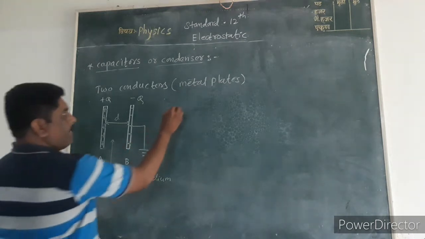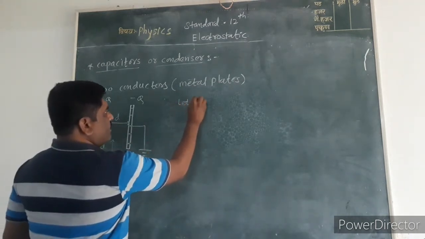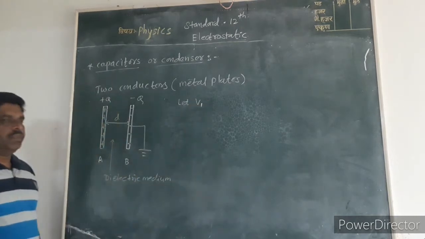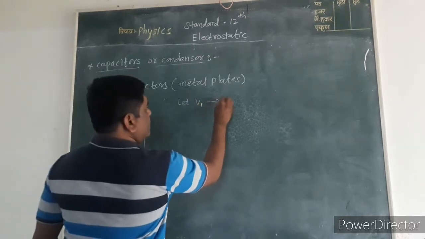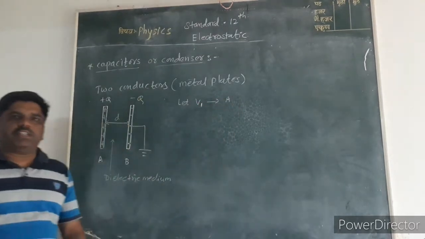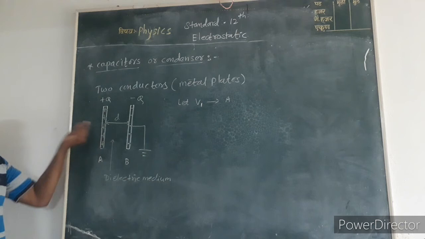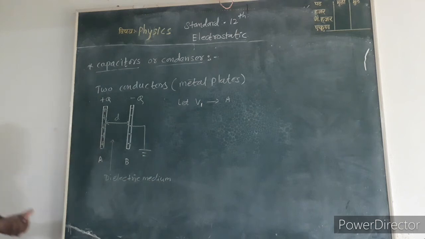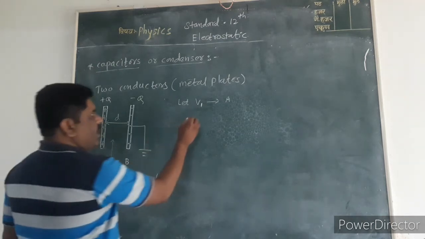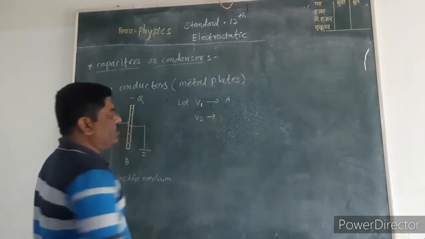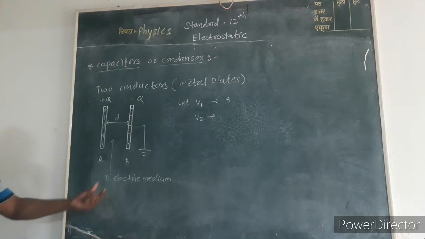Suppose V1 is the potential of plate A, that is the positive charge conductor or metal plate, and V2 is the potential of plate B carrying negative charge.